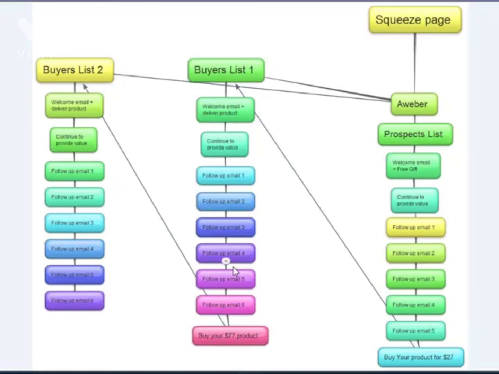Your next product that you sell wants to be in the range of $17 to $27. It all basically depends on how much you charge for the first product. So if you only charge $7 for the first product, then I would recommend that for your second product you charge between $17 and $27.